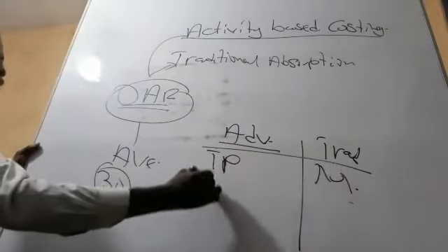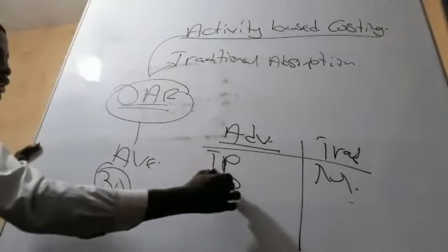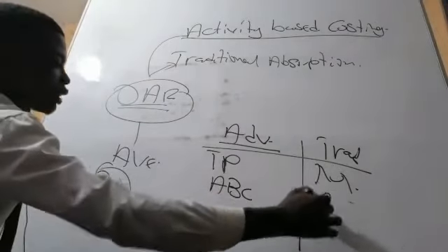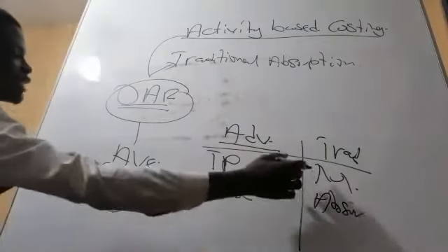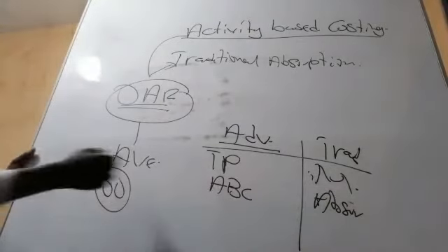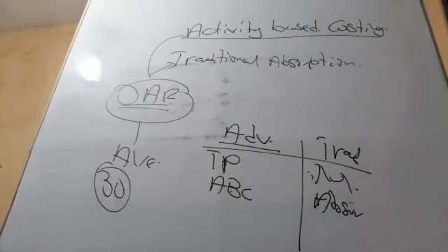And the advanced ABC also opposes absorption costing. So if you know marginal and absorption costing, then ABC and throughput are the advanced forms of them.